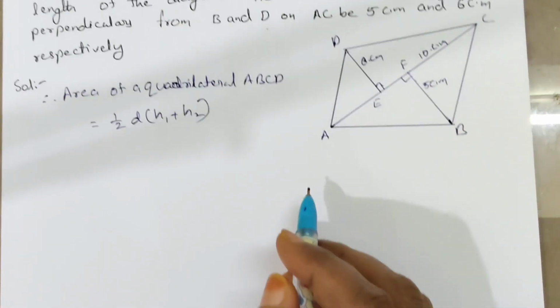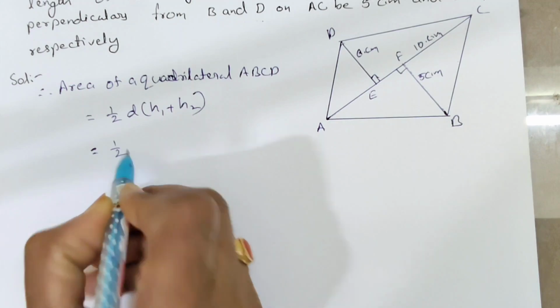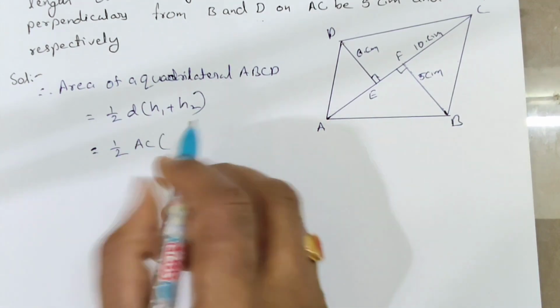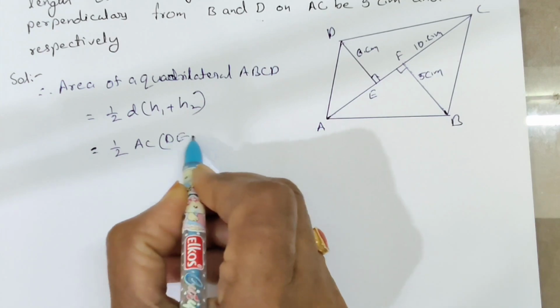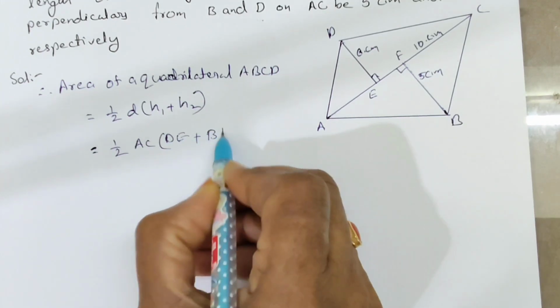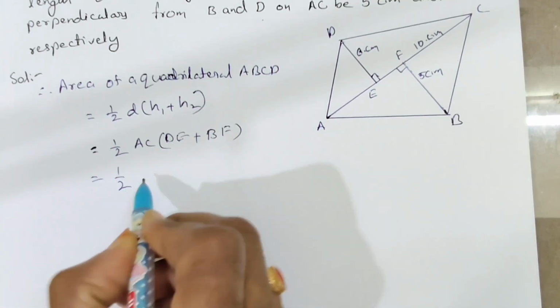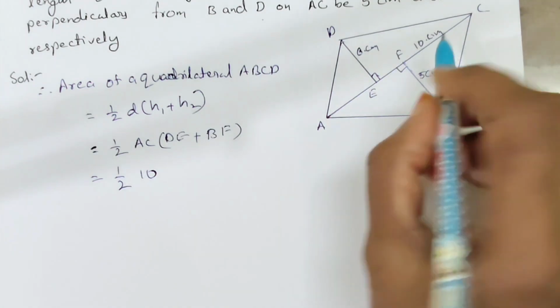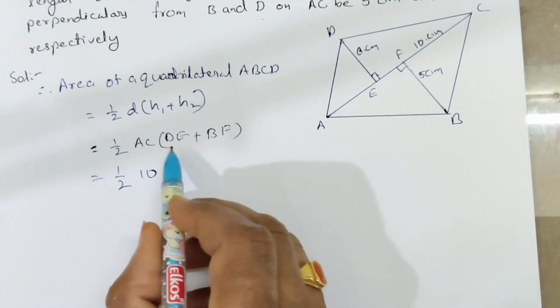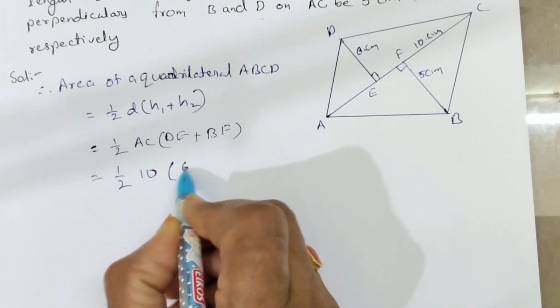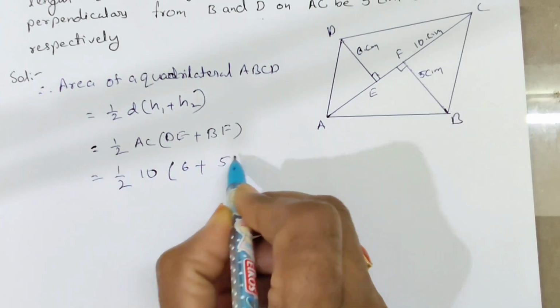So now here we write 1 by 2, here D is the diagonal AC, next H1 means DE plus BF. So now we write the values. AC is equal to 10 centimeters, given in the question, plus DE equal to 6 centimeters, BF equal to 5 centimeters.